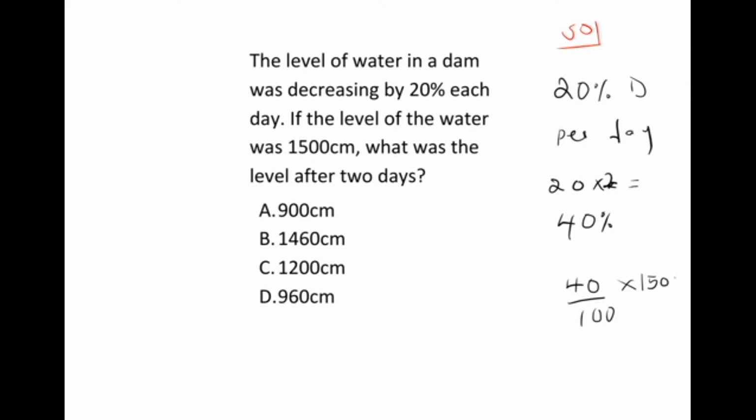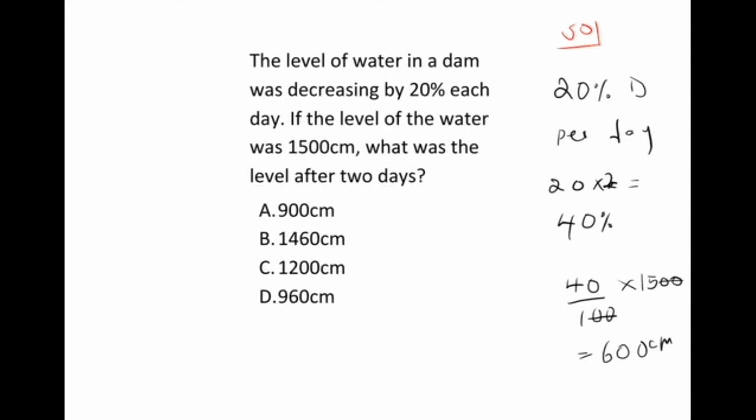Then from there we can simplify. They cancel this 0. 40 times 15 will give us 600 centimeters. Therefore, the level of the water decreased by 600 centimeters.